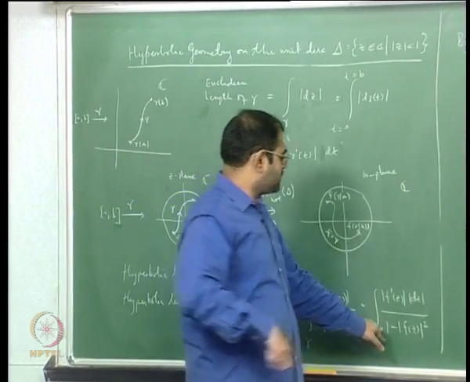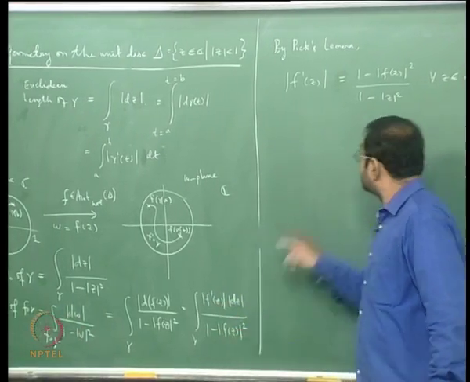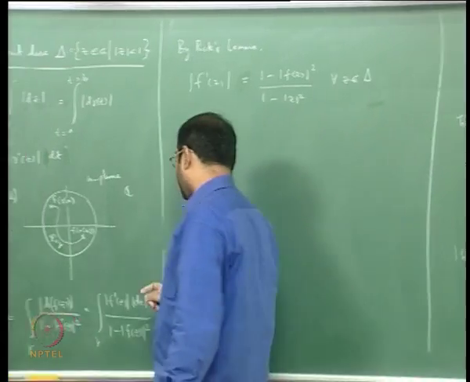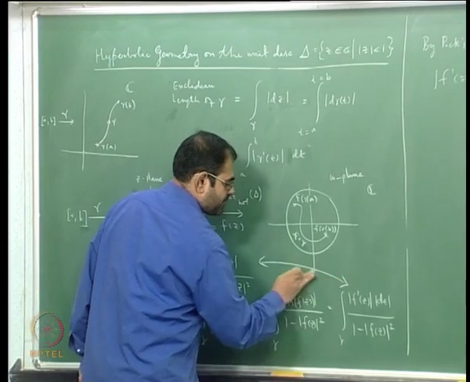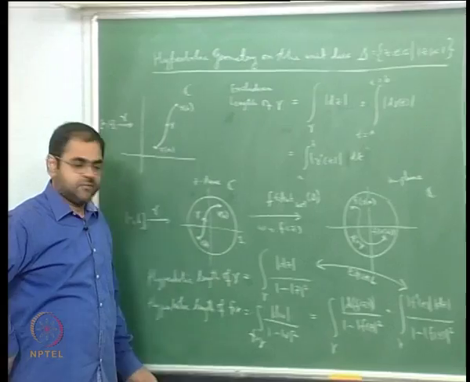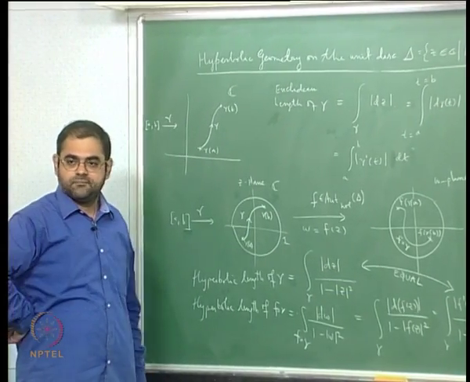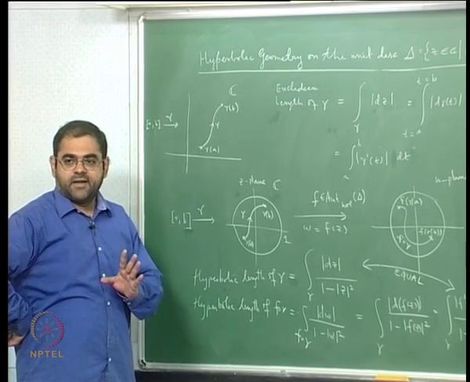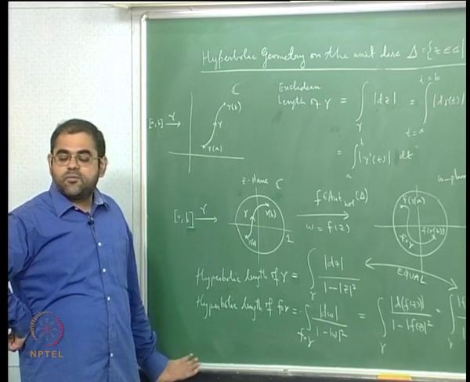But what is this equal to by Pick's lemma? Mod f dash of z by 1 minus mod f(z) the whole squared is simply 1 by 1 minus mod z the whole squared. Therefore these two expressions are equal because of the equality in Pick's lemma, which comes because f is an automorphism of the unit disk. So what is the moral of the story?